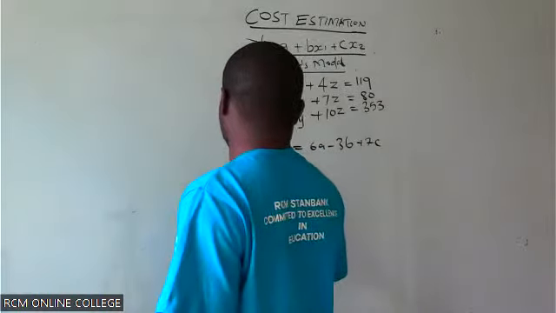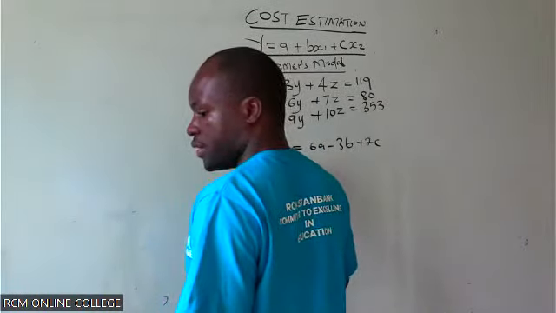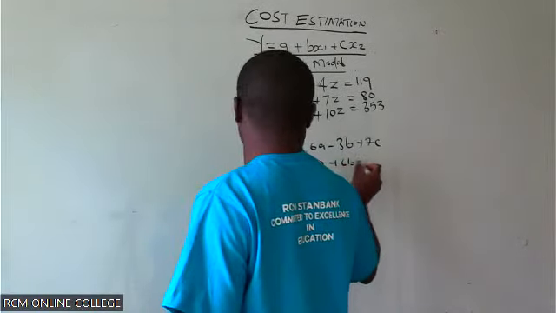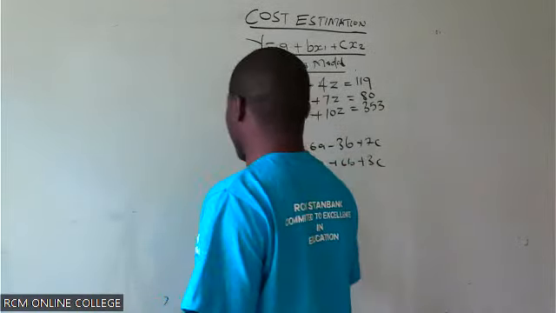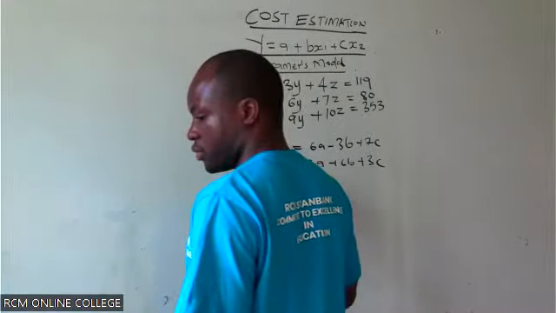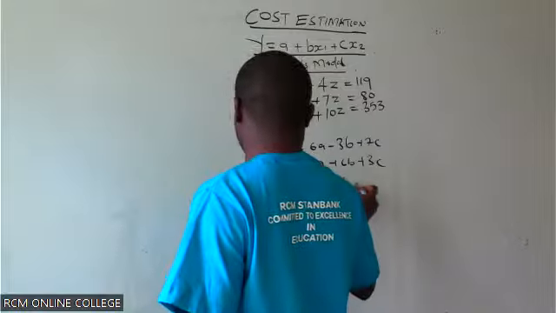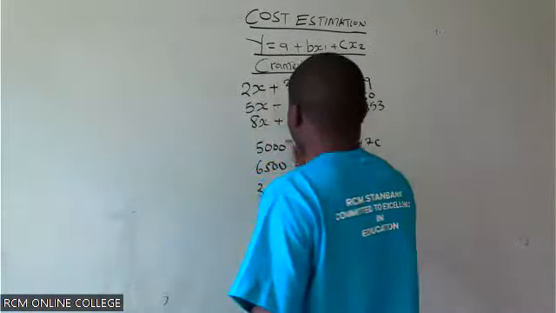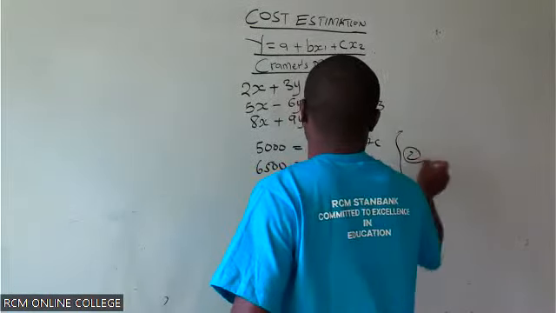Then we have 6,500 is equal to 2a plus 6b plus 3c. Then the last one is 3,600 equal to a minus 2b plus 10c. So you can have this second one, do it at your free time.